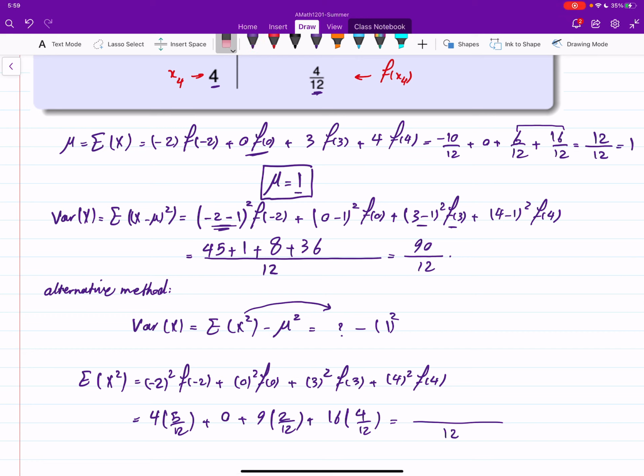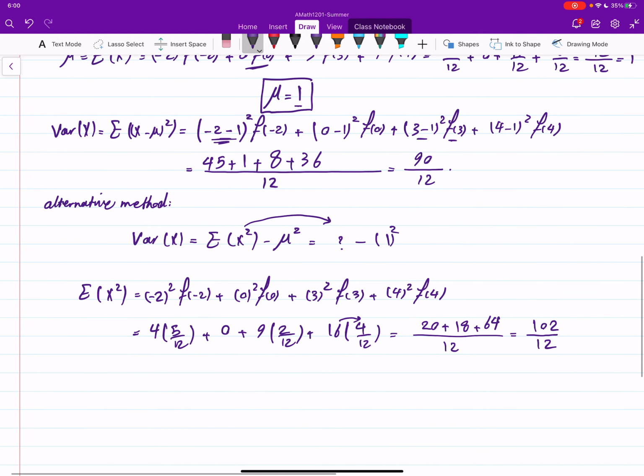This is 20, this is 20 plus 18 plus 16 times 4 is 64. So in total, this is 84 plus 18. That will give me 102 over 12. This is E of x squared.